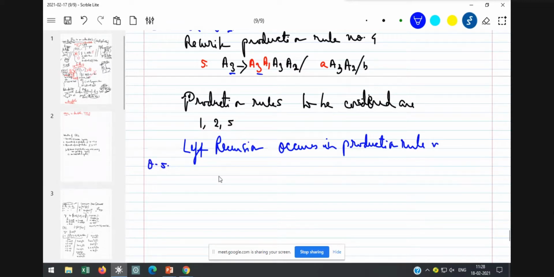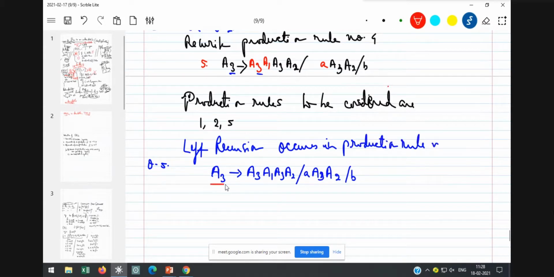Okay, so let me write A3, A1, A3, A2, A3, A2, B. Now left recursion occurs here.